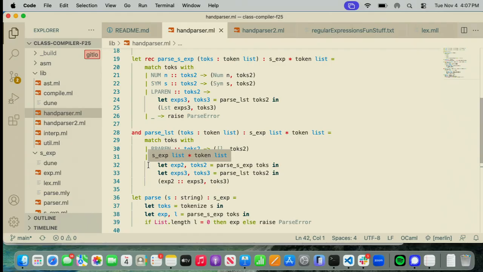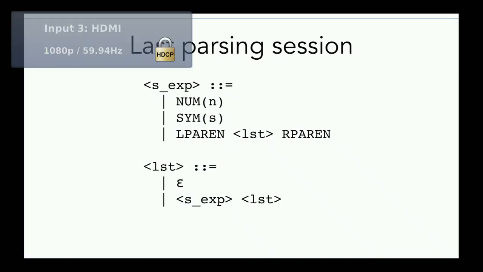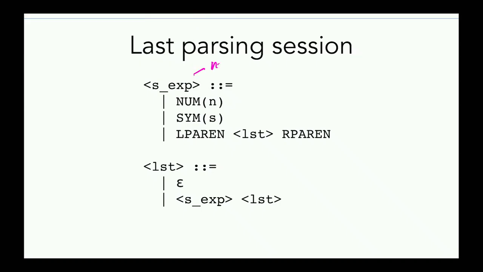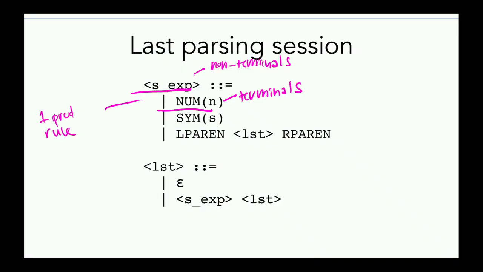This is the kind of thing we're thinking about, where we have our non-terminals, we have terminals, and this paired with this is one production rule, one production rule. Those are the kinds of things that we're thinking about.